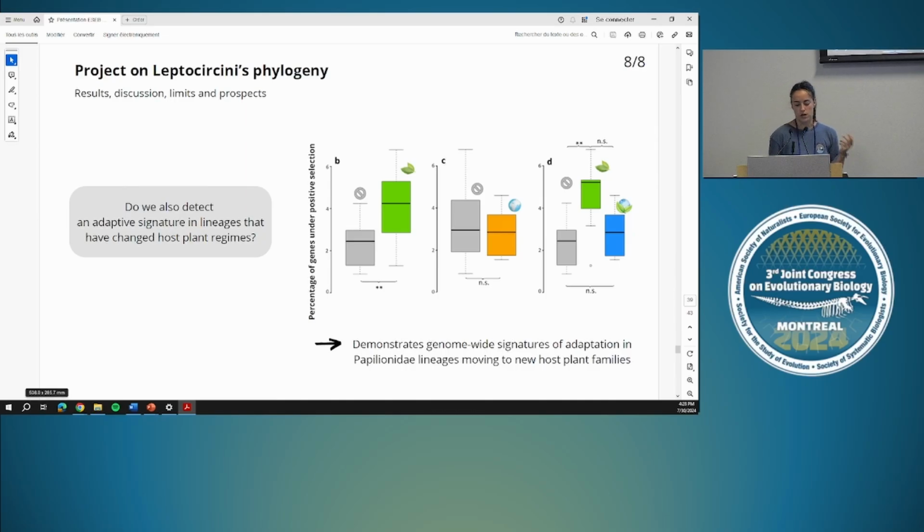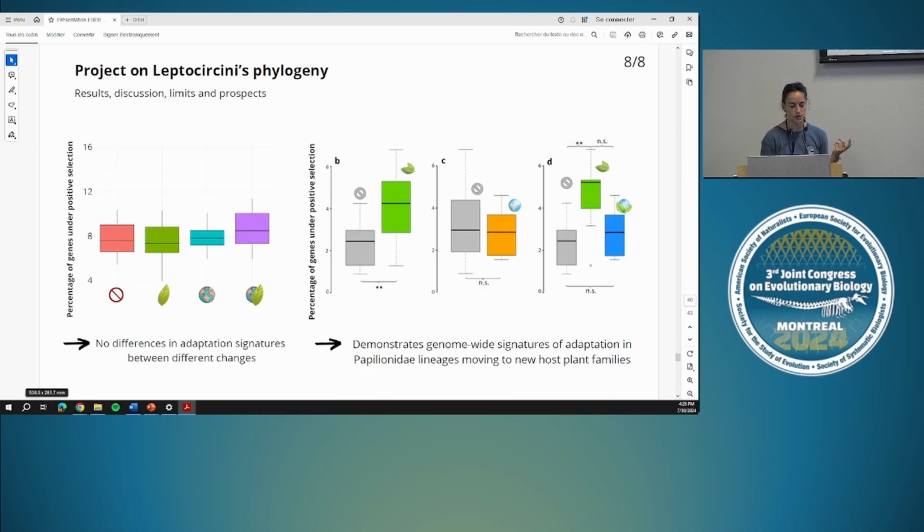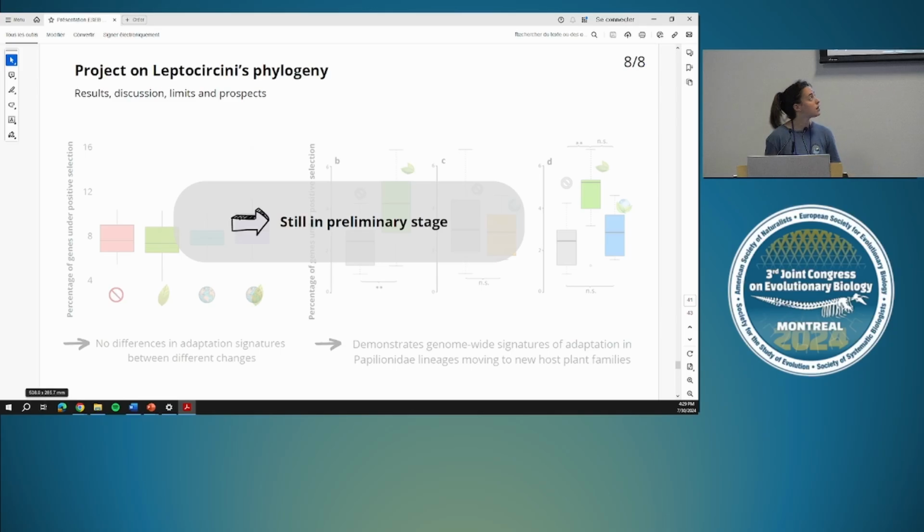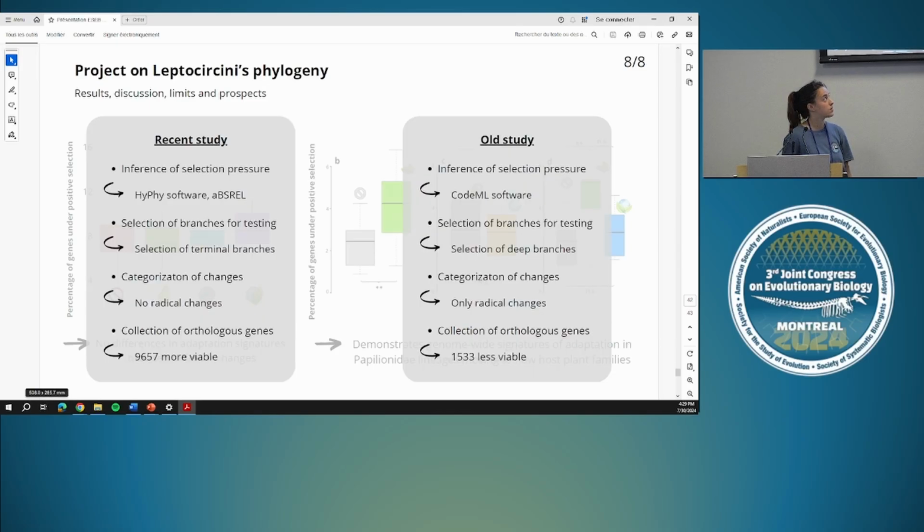Just as the earlier study had done, and for our part, we found no difference in the percentage of genes under positive selection between our categories of change. But my study is still at a preliminary stage. We can already raise a few points for discussion, and notably on the differences between our current analysis and that of the earlier study. Thank you for your attention.